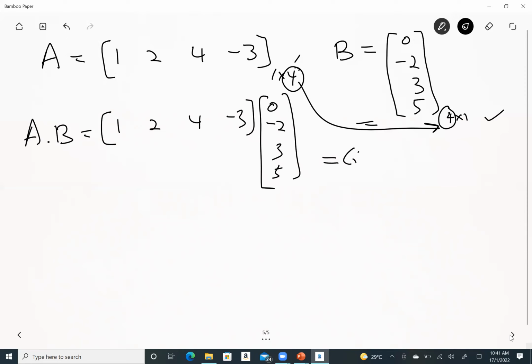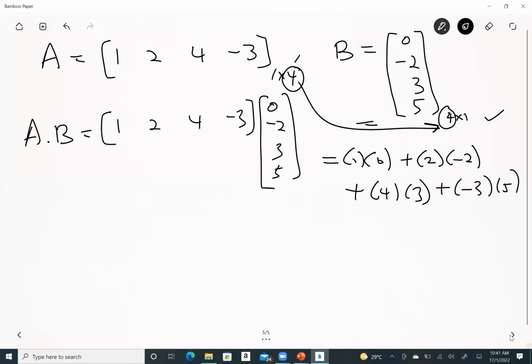So 1 times 0, plus 2 times -2, plus 4 times 3, and then plus -3 times 5. That will be equal to the value. Any question?